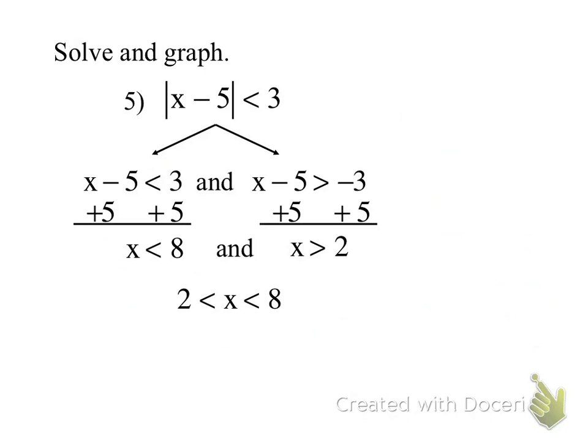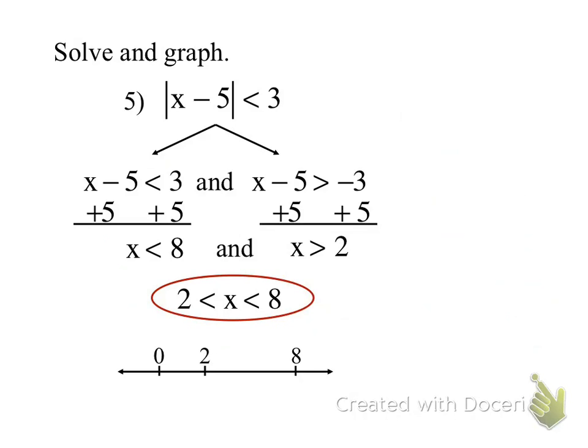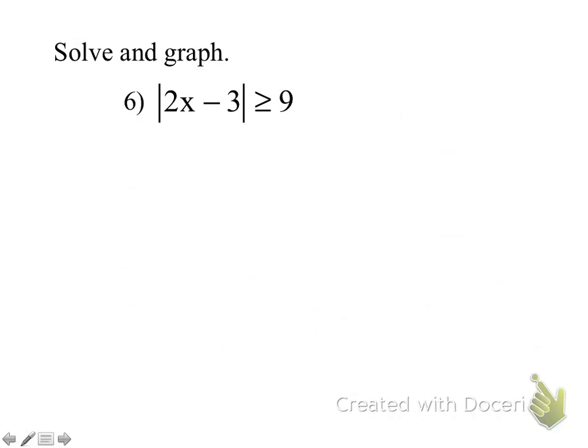And an intersection should be one line, starting at the 2, not including 2, up to 8, but not including 8. Okay, you should be taking these notes.